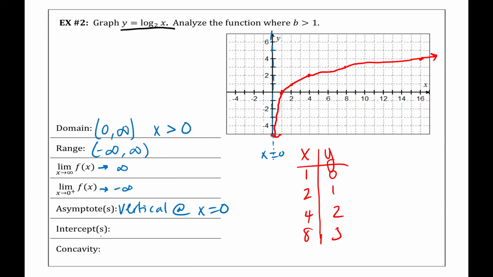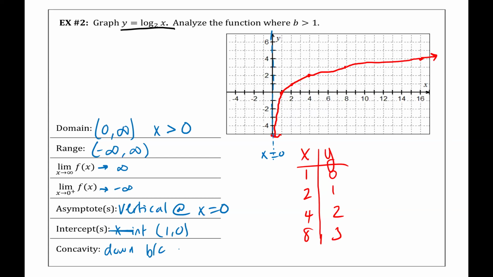Do I have any intercepts? Yes. We have an x-intercept at (1, 0). And what type of concavity is this? Concave down. Good job. And the reason being is because the rate of change, can I write R?